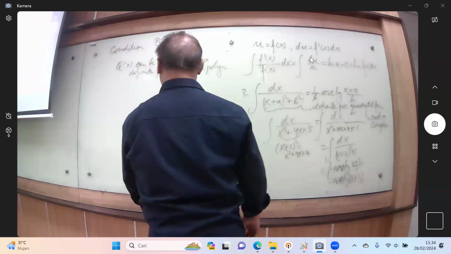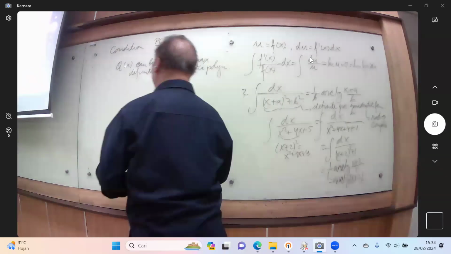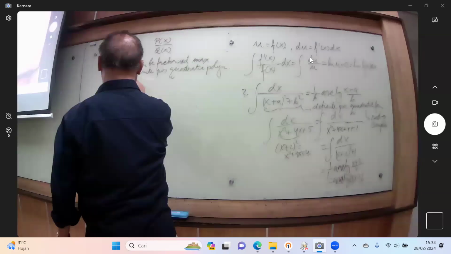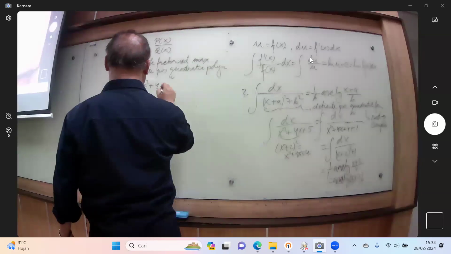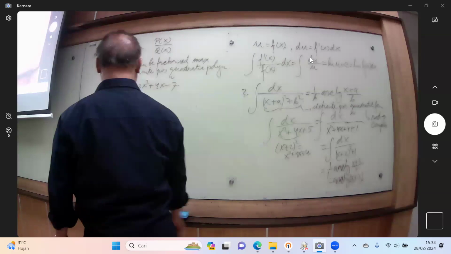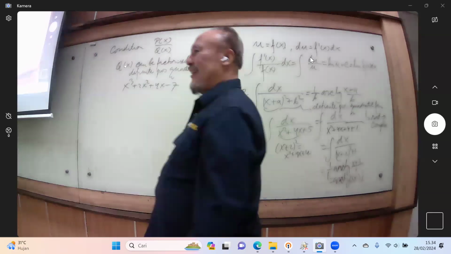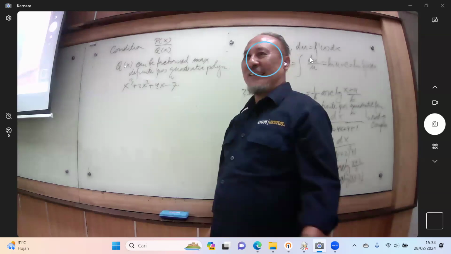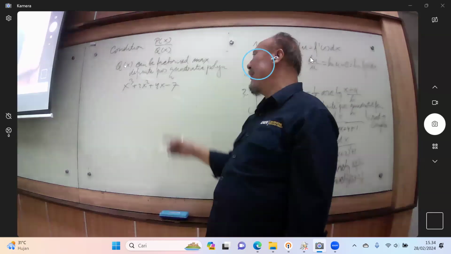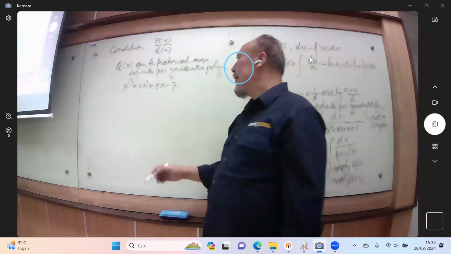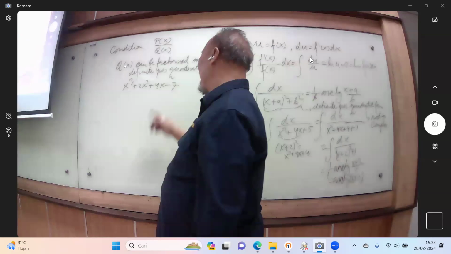So that means if we have, let's say, x cubed plus 2x squared plus 4x minus 7, and we can't factorize it into a maximum of quadratic polynomials, then we cannot solve. Sorry, this is the numerator.